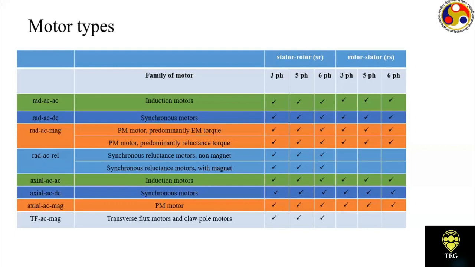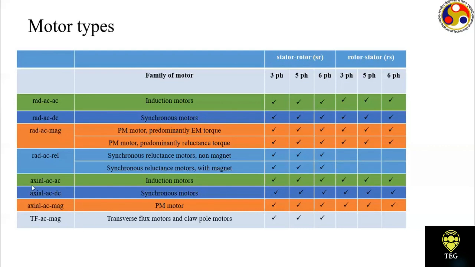In this case, we can have only inner rotor machines. Outer rotor synchronous reluctance machines are physically possible. If you see from the scientific principles, you can make them, but practically they are not feasible. Even if you make them, the torque and the power densities would be extremely low. So no one makes them. So only inner rotor motors are made, and you can have 3, 5 and 6 phases.